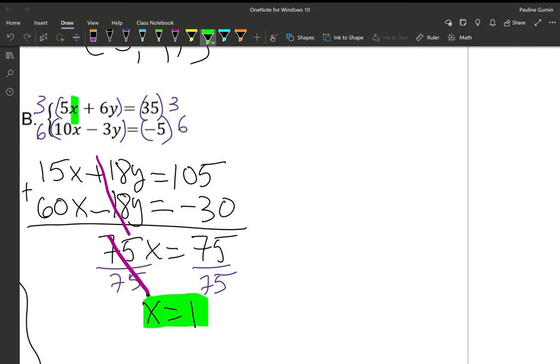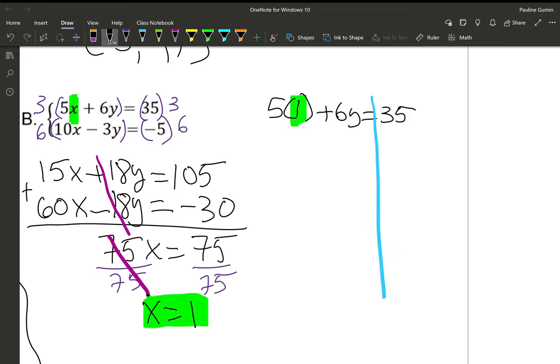So I'm going to plug negative 1 into x for the first equation. So 5, why did I say negative 1? I have no idea. Positive 1. 5 times 1 plus 6y equals 35. All right, 5 times 1 is 5. So I'll rewrite that. What should our next step be?